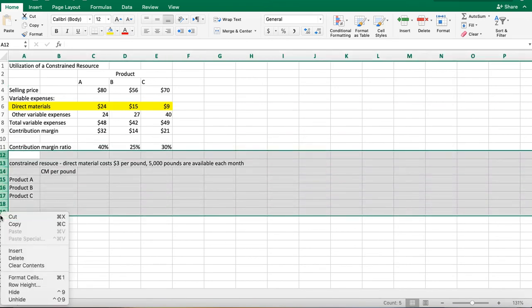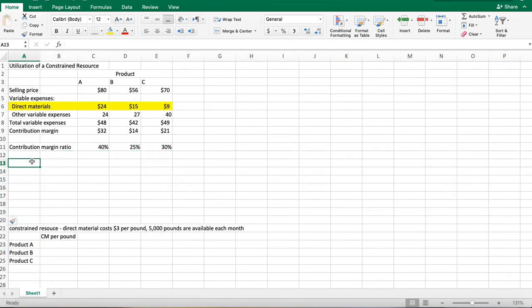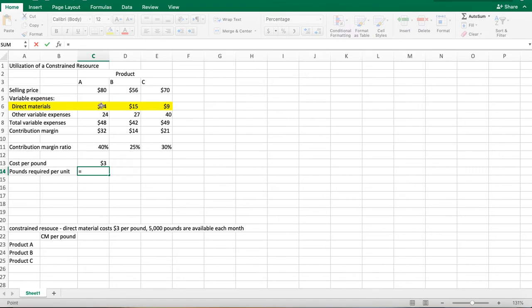Rather than trying to recreate this whole thing, I'm going to calculate the cost per pound, and we know that direct materials cost $3 per pound, correct? So I'm just going to enter that number there, and then I'm going to come up with my pounds required per unit. Now, the way I know that is that my direct materials per unit are $24. And if I know it costs $3 per pound, then I can divide by 3, and I can come up with my pounds required per unit.